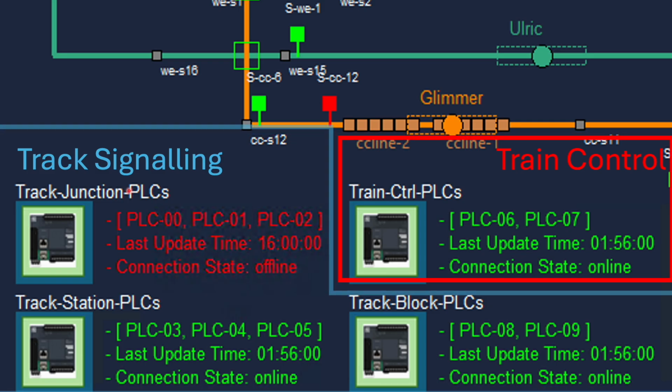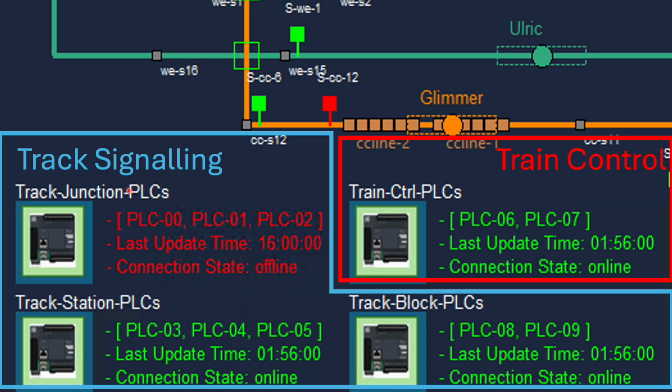We also have the 4 PLCs VM's connection states, which tell us whether the PLCs are connected to the physical real-world simulator. An offline connection can either mean that the PLC is offline or it is unable to communicate with the real-world simulator. As mentioned previously, the 4 VMs are divided into 2 parts, the track signaling and the train control.